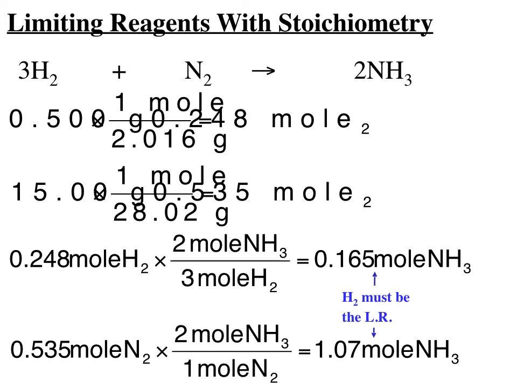So if I use all 0.535 moles of my starting N2, I would, according to the stoichiometric conversion, form 1.07 moles of ammonia. Since I'm forming more moles of ammonia from the N2 than I can possibly form from the H2, the NH3 production will cease when the H2 runs out. So H2 must be my limiting reagent because it can form the least amount of product.